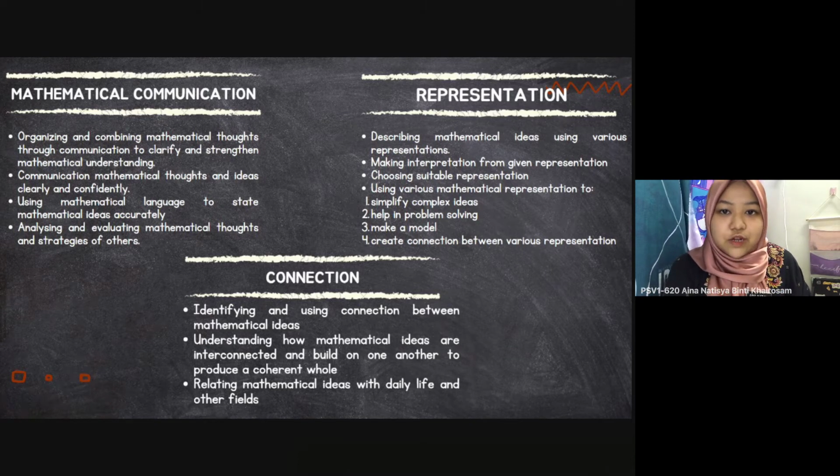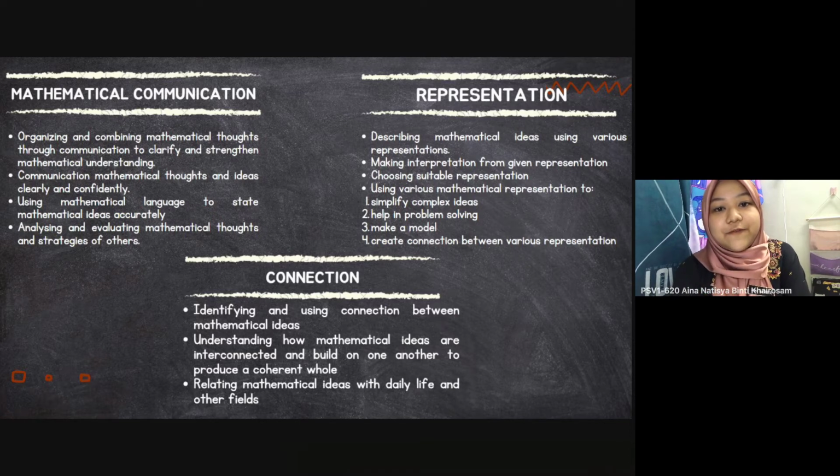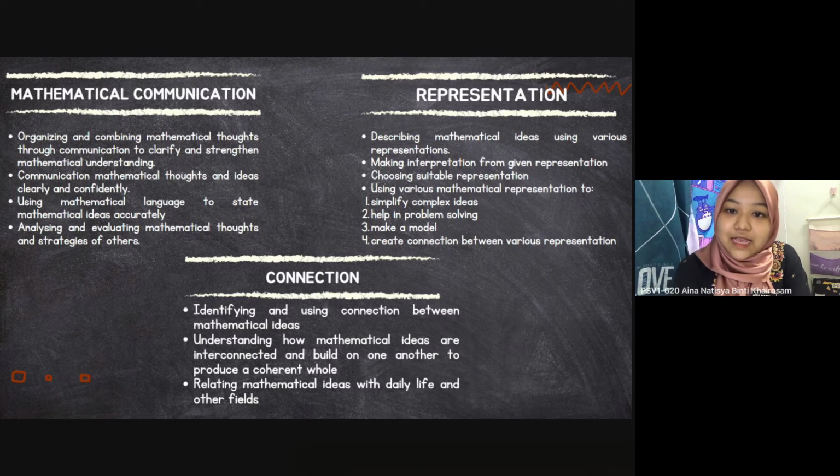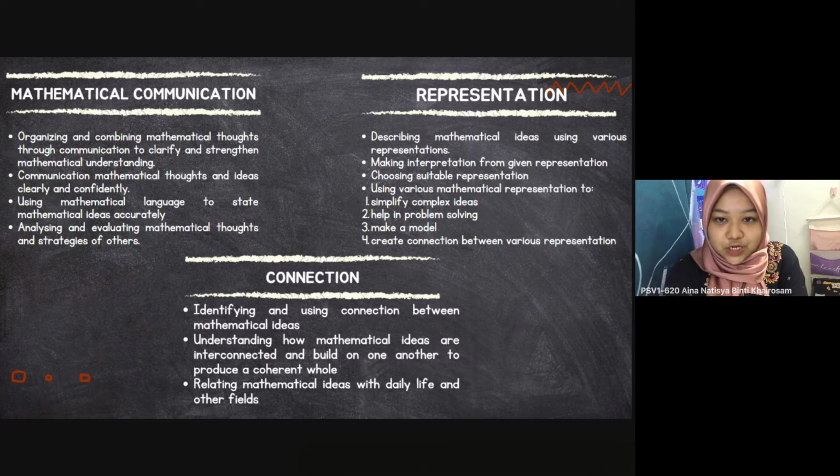Choosing suitable representation also allows people to recognize the relationship between related concepts and apply mathematics to realistic problems. Using various mathematical representations to, first, simplify complex mathematical ideas, second, help in problem solving, third, make a model and interpret mathematical phenomena, and last, create connection between various representations.